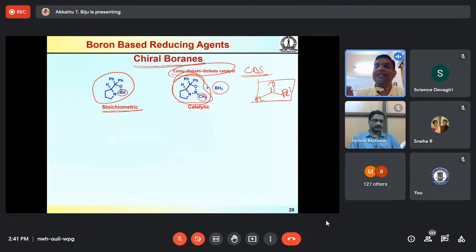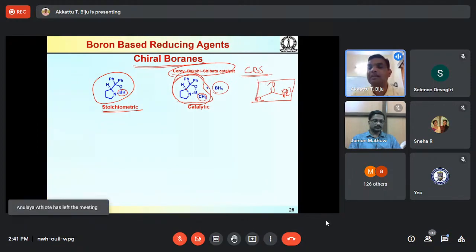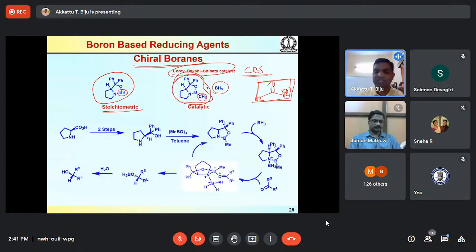So if we can discriminate the two faces of a ketone or an aldehyde using a chiral catalyst, the selective hydride delivery can lead to the formation of the alcohol with precise control over the resulting stereochemistry. This type of catalyst, the CBS catalyst, can be prepared from a chiral approach starting from proline.